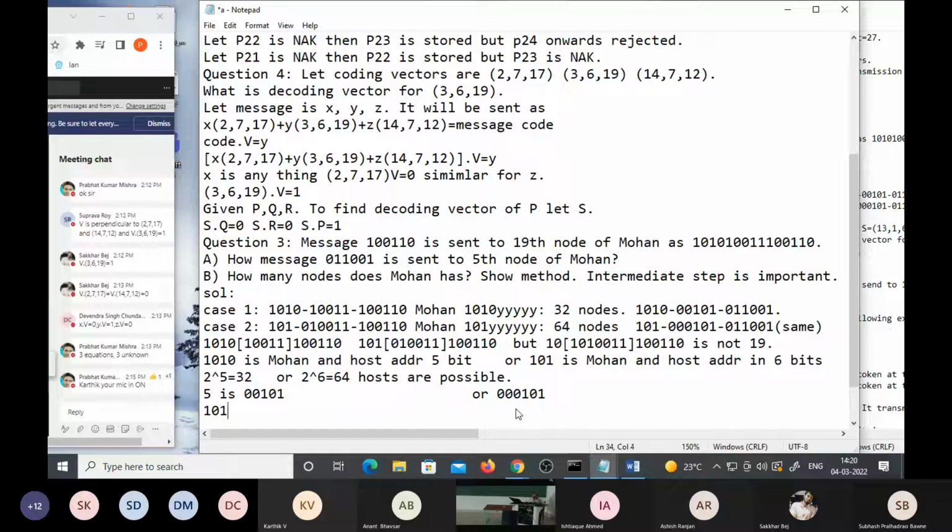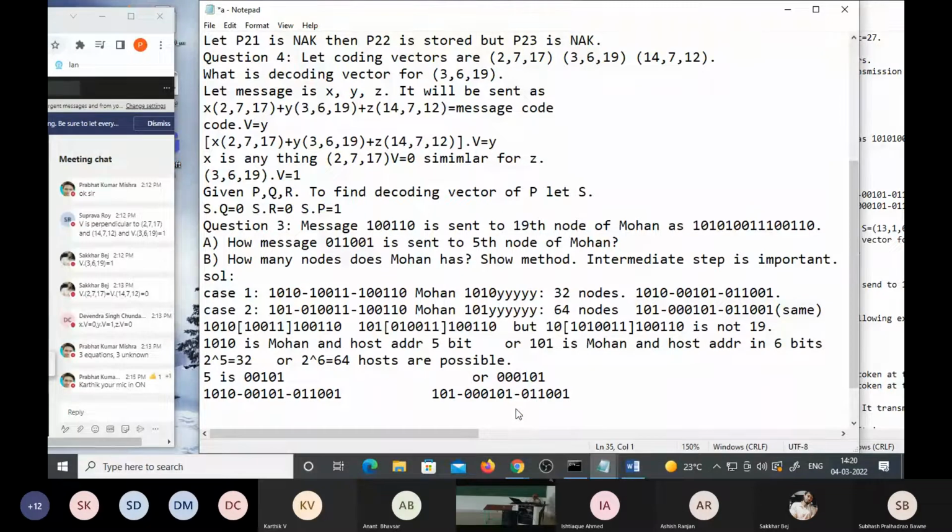So 1010-5 followed by message, or 101 followed by message. Of course, they are the same. In both cases, we get this answer. Same answer we get, but method was important. Do you understand this? Method was important.